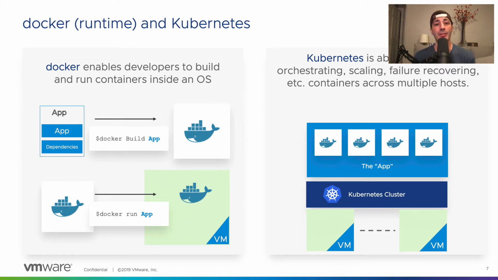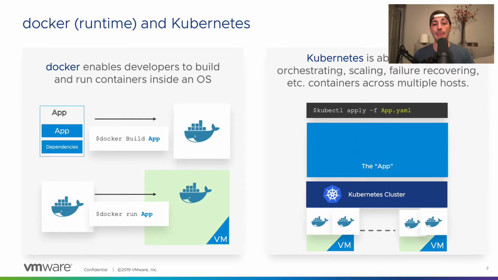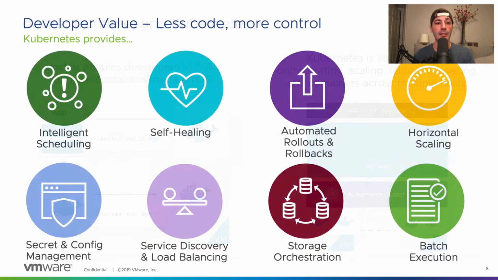If I have an application that all of a sudden needs a burst of more resources or more instances up, how do I do that relatively quickly? Well, I can just say scale to X number. It's very, very good. And Kubernetes is very smart, because it also can do failure recovery from hosts and everything like that as well. And I can do this all with a single application manifest, which makes it super simple to apply and make it happen, deploying this application into virtual machines spread across my Kubernetes cluster.